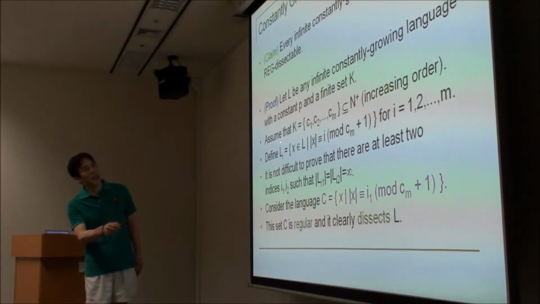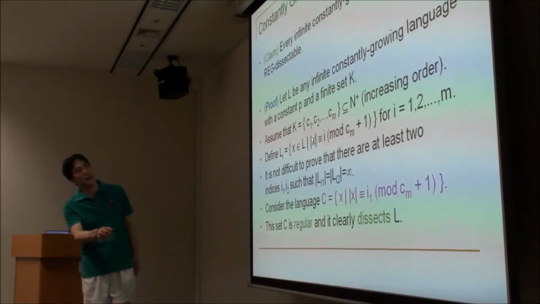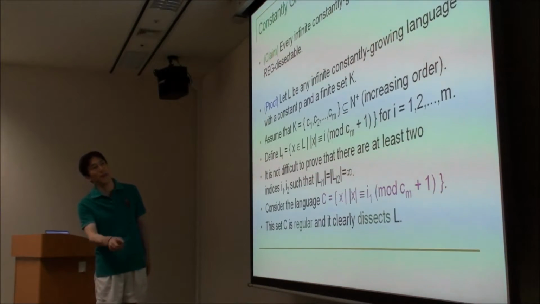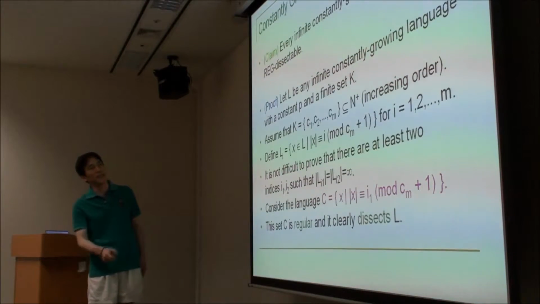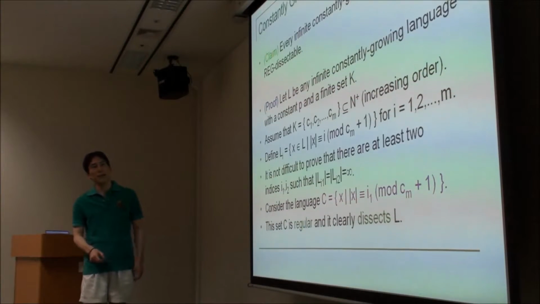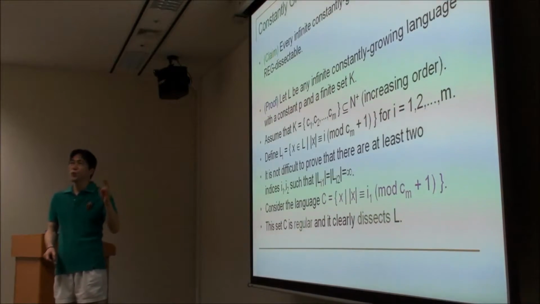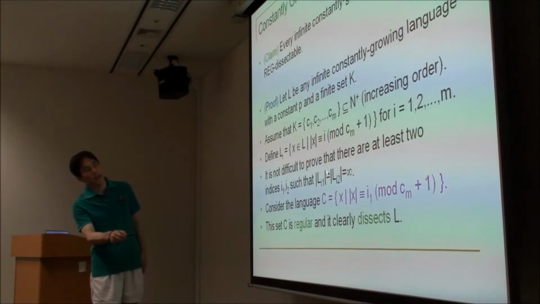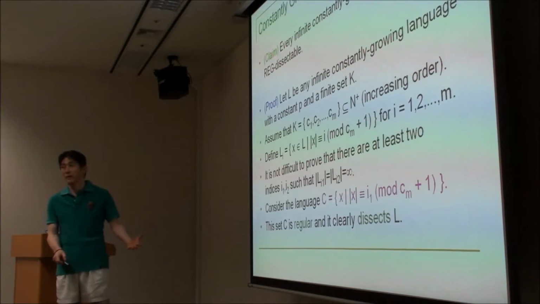Consider L sub i, the portion of L defined in this way: the length of x is equal to i modulo c sub m plus 1, where c sub m is the biggest number in K. Then we can easily prove that there are at least two indices, i sub 1 and i sub 2, such that L sub i1 and L sub i2 are both infinite.